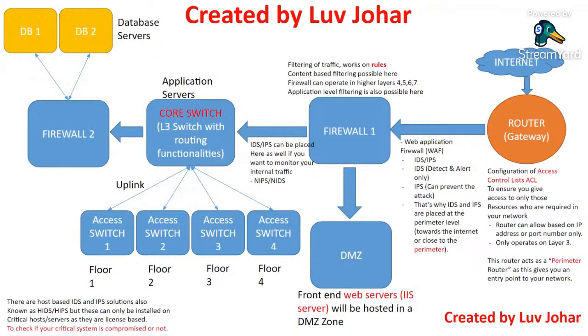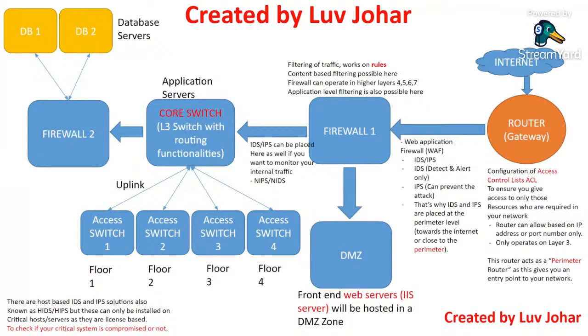The difference is both are network based intrusion detection system and intrusion prevention system. In the first case, if you place the IDS and IPS solution near the router, then you are trying to monitor the external traffic, to understand the traffic that is coming in.